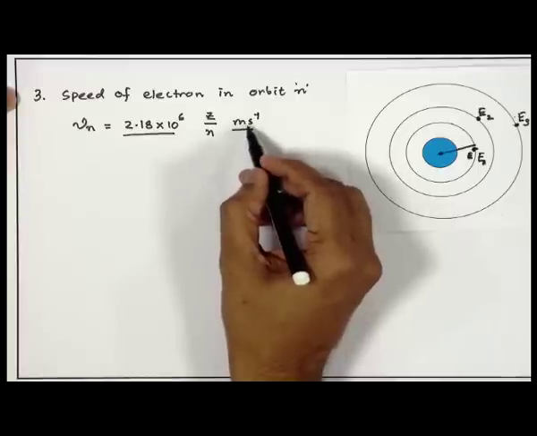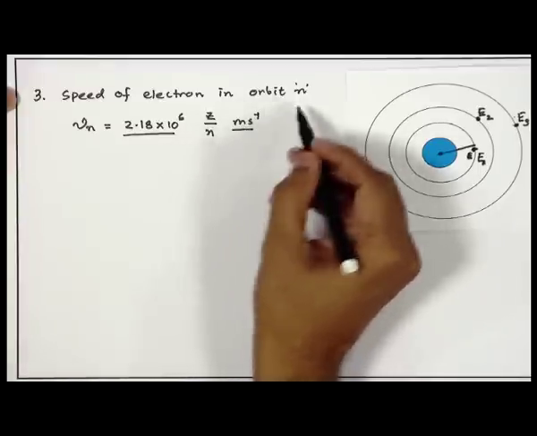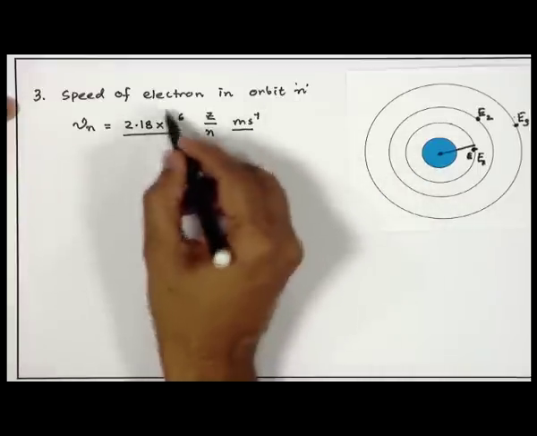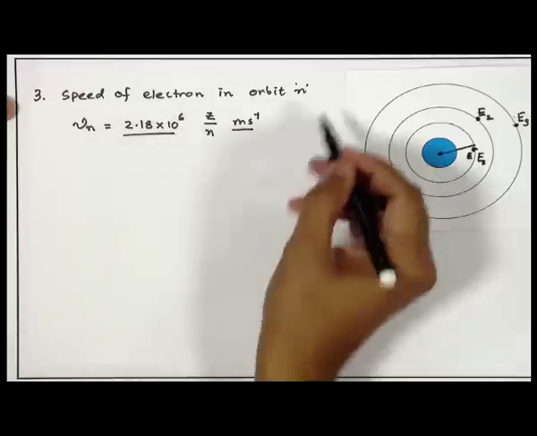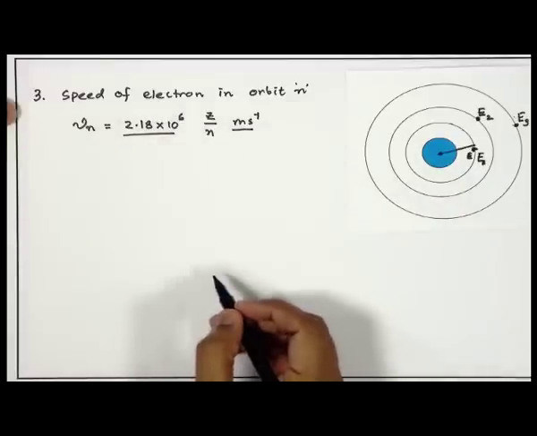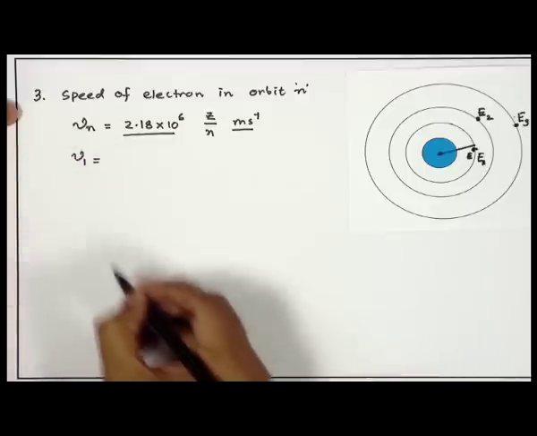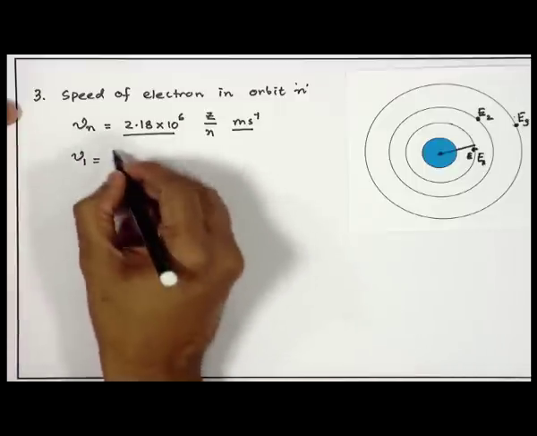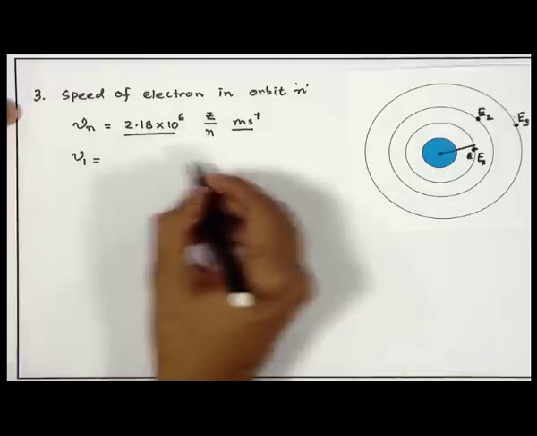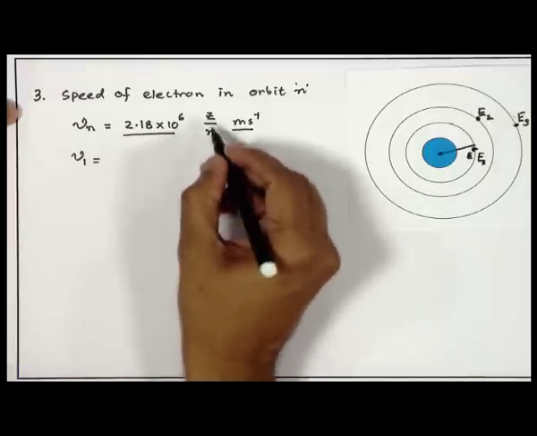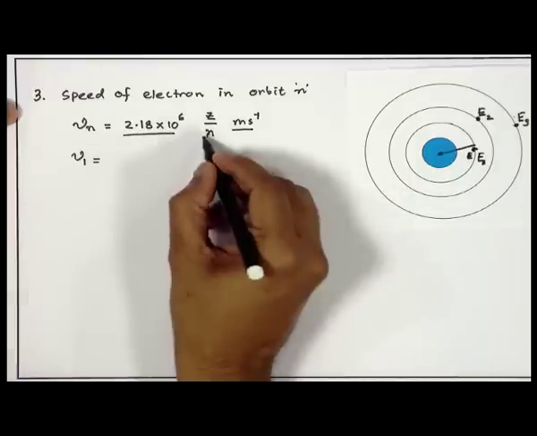If you want to convert this unit to any other unit of your choice, you can simply change this number in the new unit, and it works. We can write down the speed of the electron in the first orbit. For hydrogen atom, Z is 1. So, for first orbit, n is again 1.